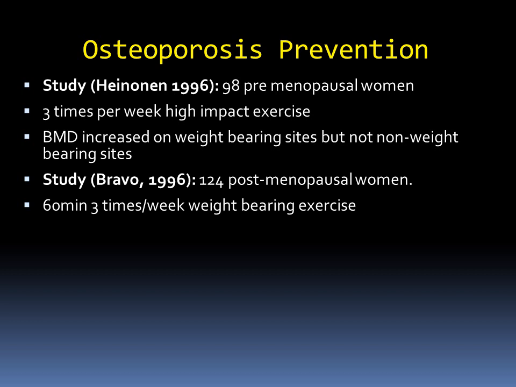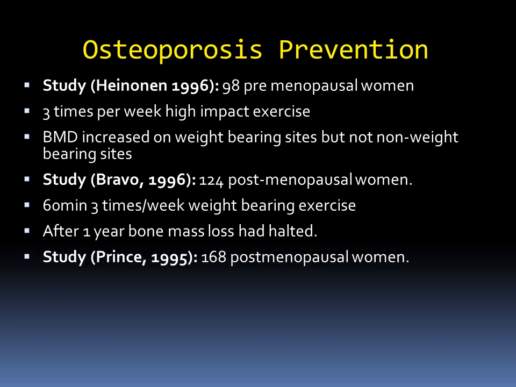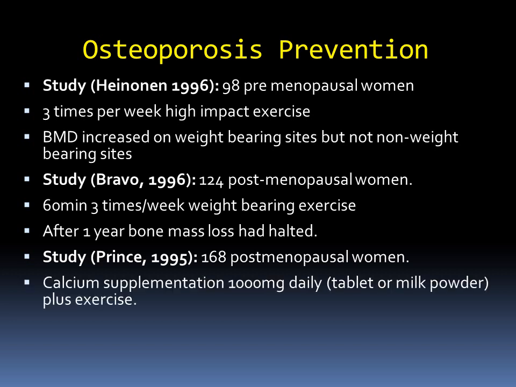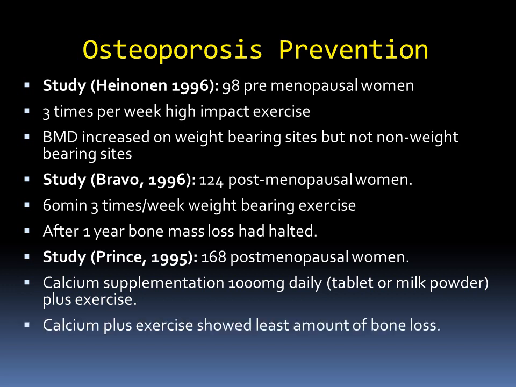They did 60 minutes 3 times a week of weight-bearing exercises, and after 1 year, bone mass loss was halted. Prince in 95 used 198 postmenopausal women. They also had calcium supplementation of 1,000 milligrams per day. The calcium plus the exercise showed the least amount of bone loss.